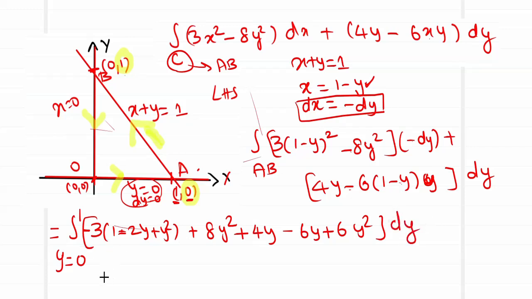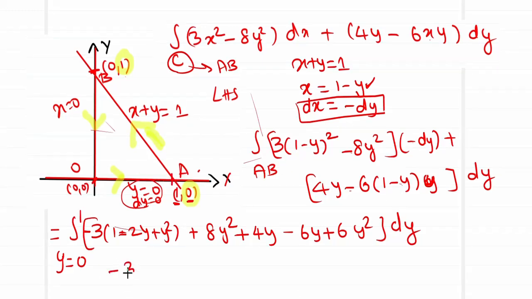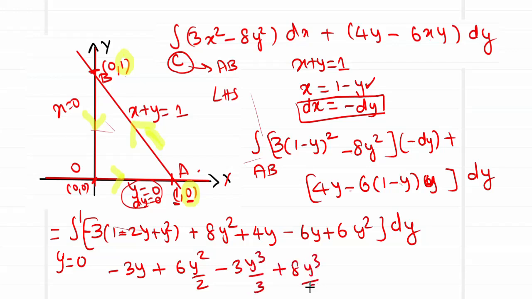On simplification, we can notice that this gives the value as minus 3 with respect to y, minus into minus plus 3 twos are 6, y on integration gives y square divided by 2, plus, it is going to be minus sign of 3 times y square on integration is y cube divided by 3, plus 8 y cube divided by 3, plus 4 y square divided by 2, minus 6 y square divided by 2, plus 6 y cube divided by 3.